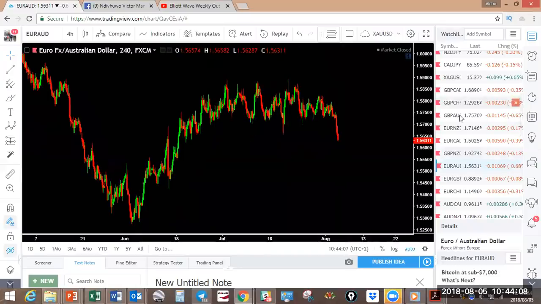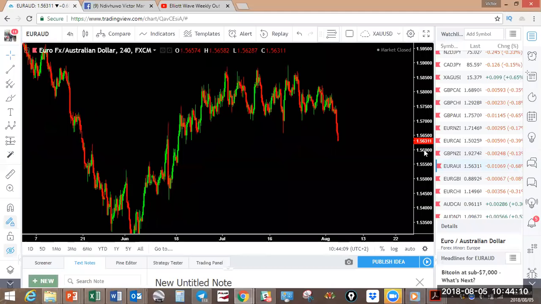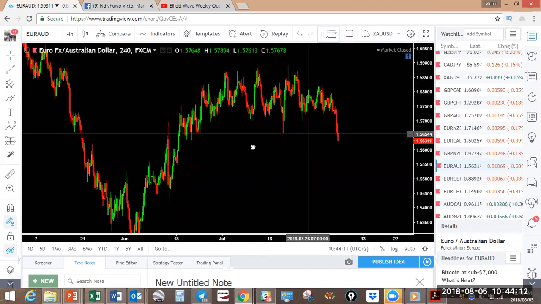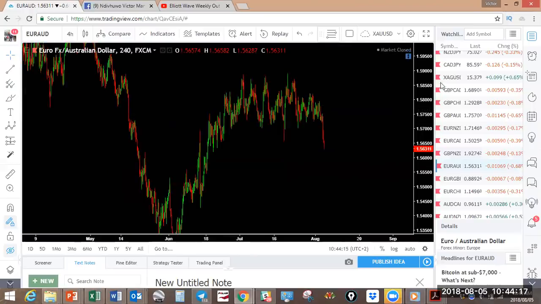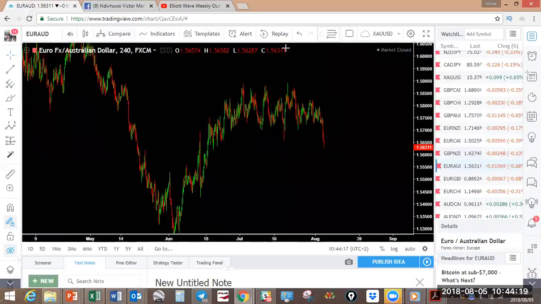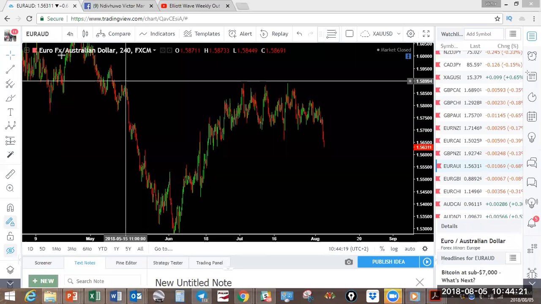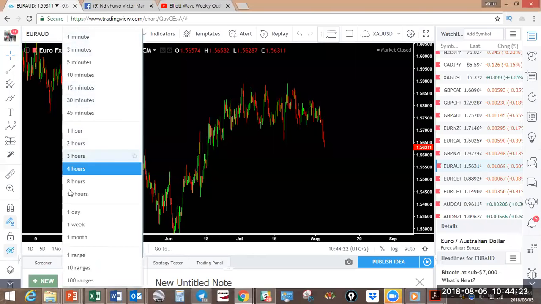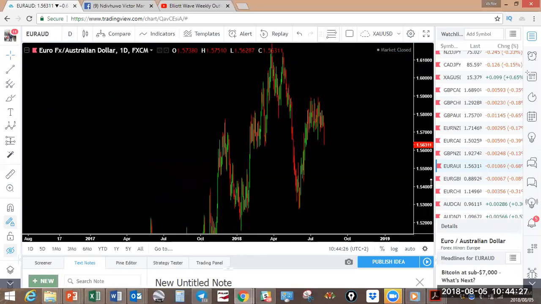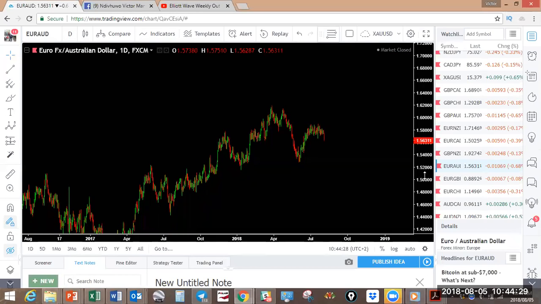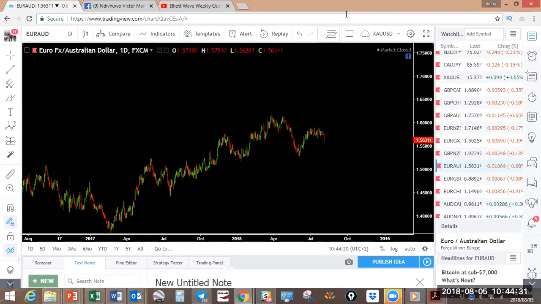Okay, EURAUD, let's look at the daily. So on EURAUD, there is a diagonal that we're looking at here. So two things can happen here with this one.